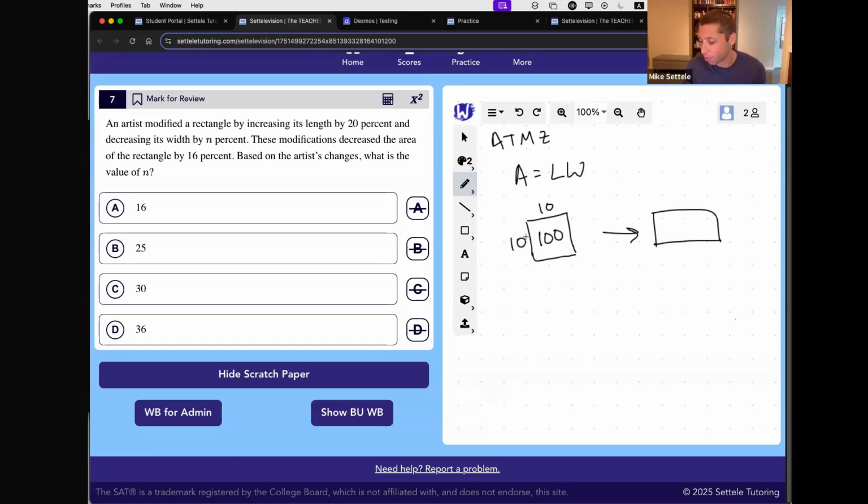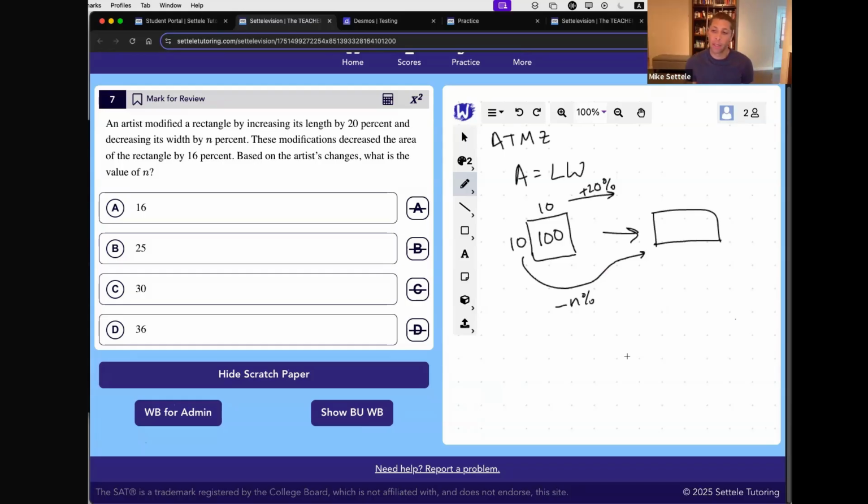Now it's just about following instructions. What does it say? Length by 20%. Increasing, yeah. And this one is decreasing by n%.